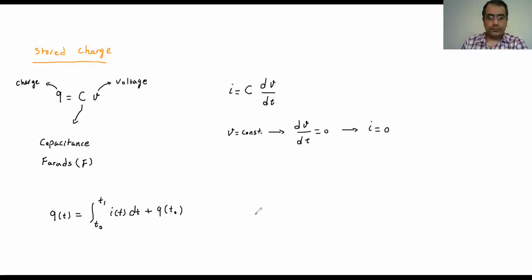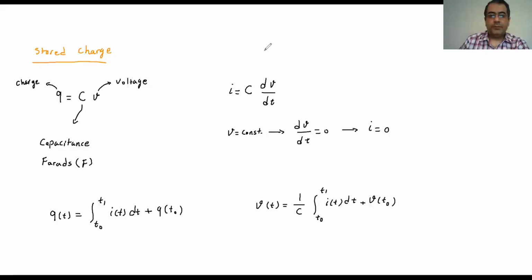And then the voltage also becomes 1 over C, again the integration of I dt, again from t0 to t1, plus the voltage at time 0.